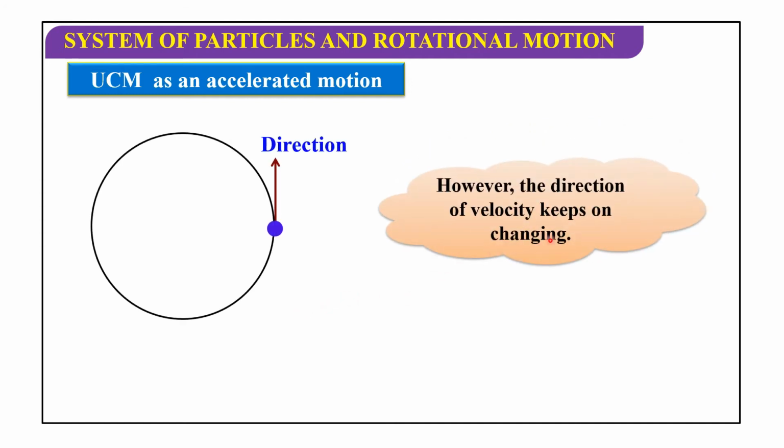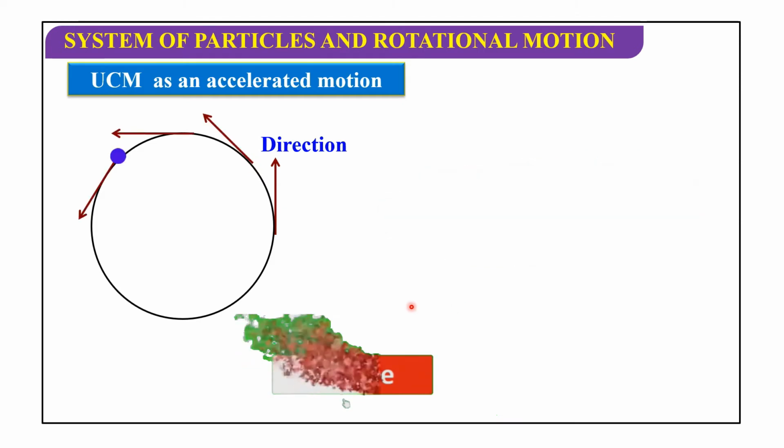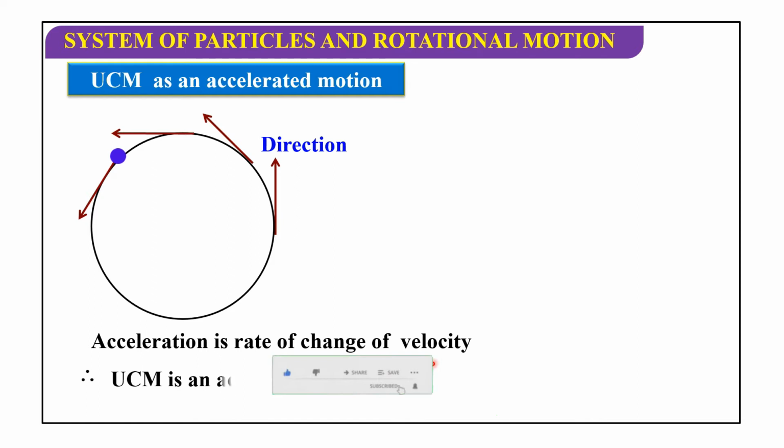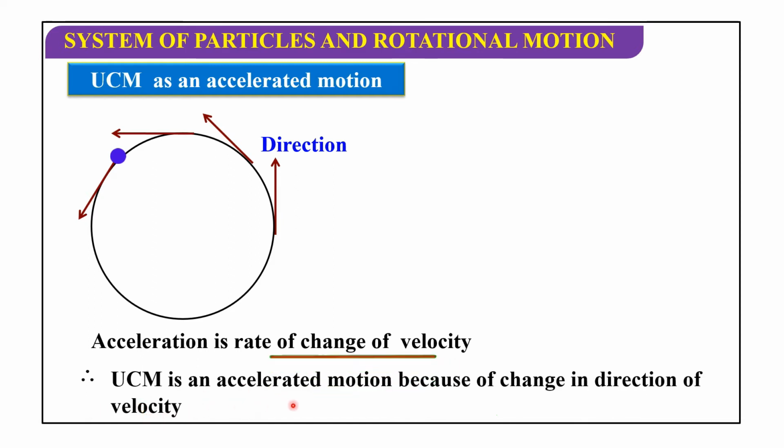However, the direction of velocity keeps changing. So, when the particle is moving along the circumference of the circle, its direction changes. Acceleration is the rate of change of velocity. Therefore, uniform circular motion is an accelerated motion because of the change in direction of velocity.